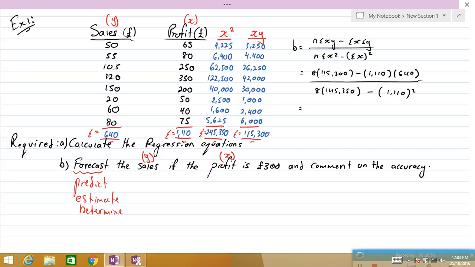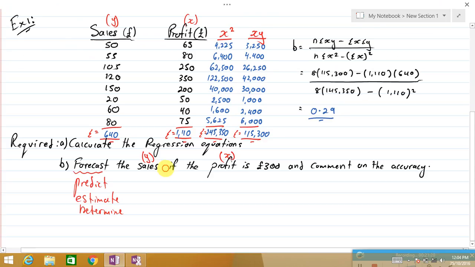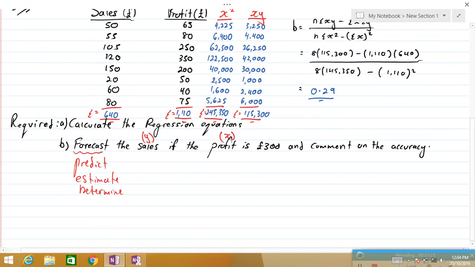The answer for B formula. Okay? 0.29. Everyone got the same answer? How about the others? Check. Everyone get the same answer? 0.29. Then we move on to A formula.